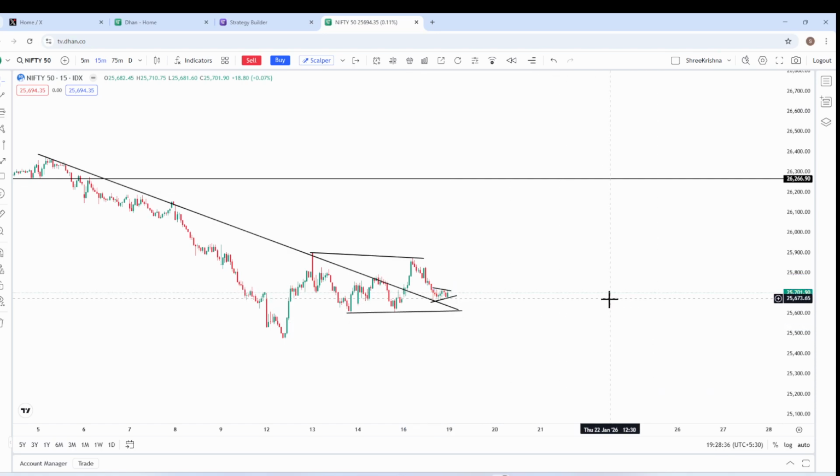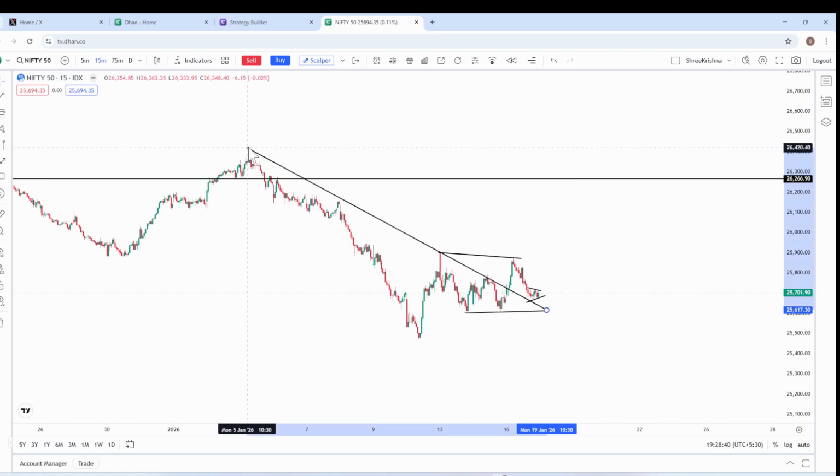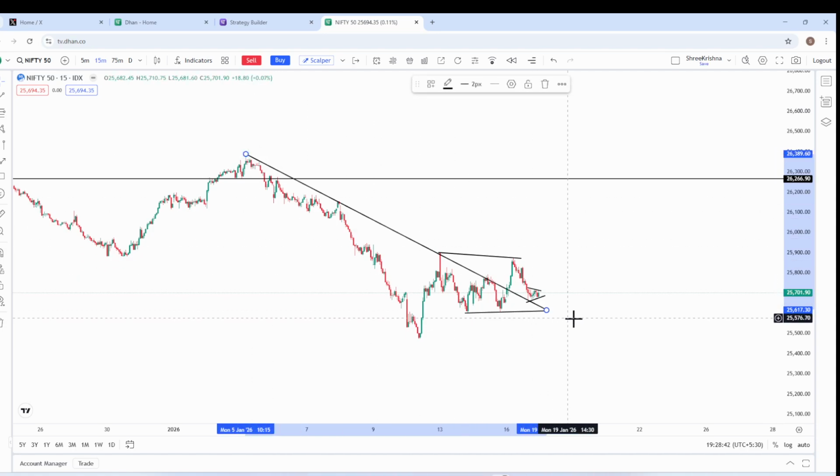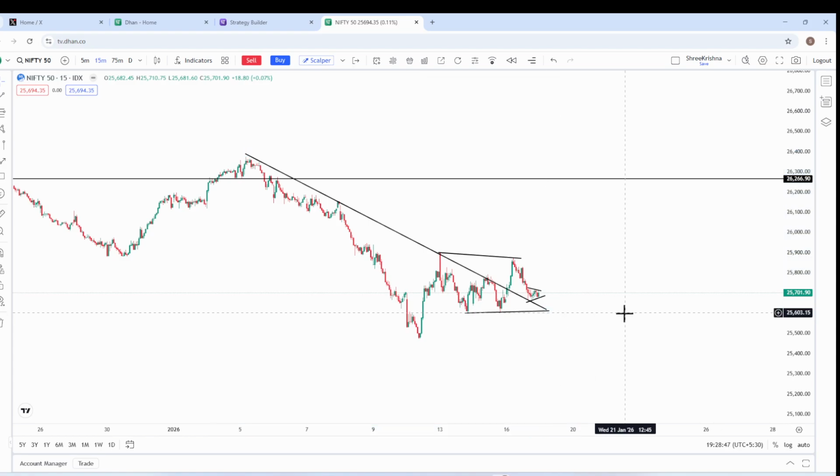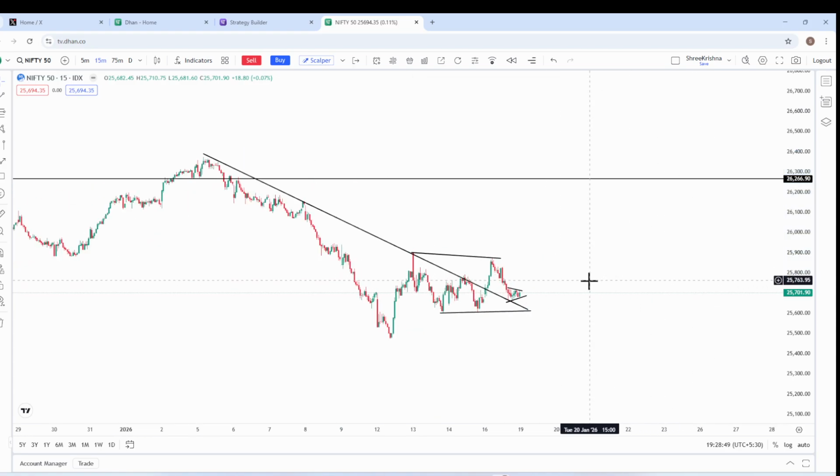I think you have understood the importance. You don't simply follow supply and demand. You also have to follow the open interest, you also have to follow the strategy to make money. Suppose you want to buy 25,600 call, you must have a strategy.